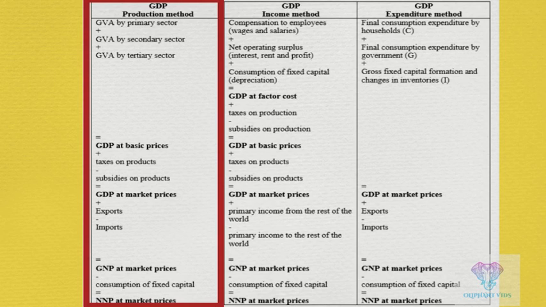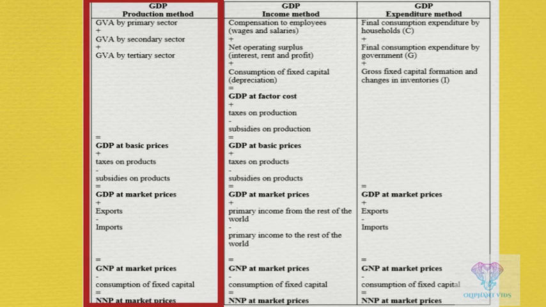Your secondary sector is going to include manufacturing, electricity, gas and water, as well as construction, plus the tertiary sector, which is usually going to consist of wholesale and retail trade, catering and accommodation, transport, storage, communication, financial intermediaries, insurance, real estate, etc. The total will then equal GDP at basic prices.